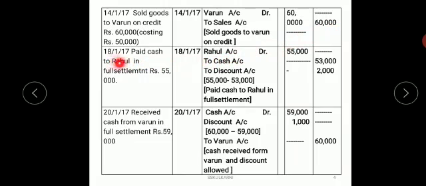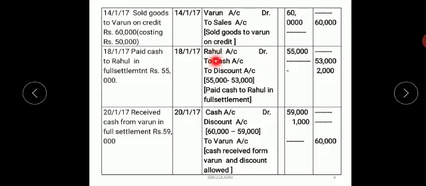Next, on 18, I have paid cash to Rahul in full settlement of rupees 55,000. Now 53,000 is to be paid. So now if we see the previous transaction on 10th, we had purchased from Rahul goods worth 55,000.